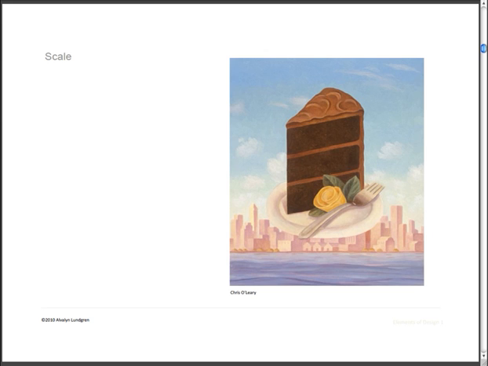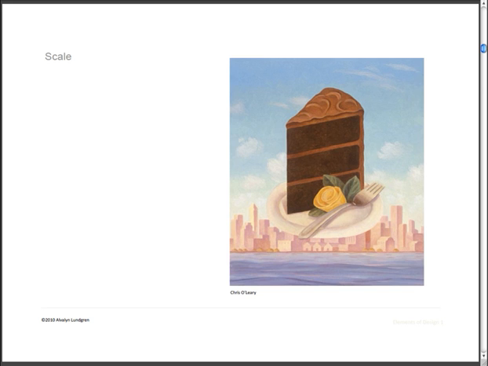The size here in relation to the cityscape behind, the size of the cake is huge, and that gives us clues to the meaning of this kind of surreal illustration. We can, of course, look at this not knowing the story behind it.